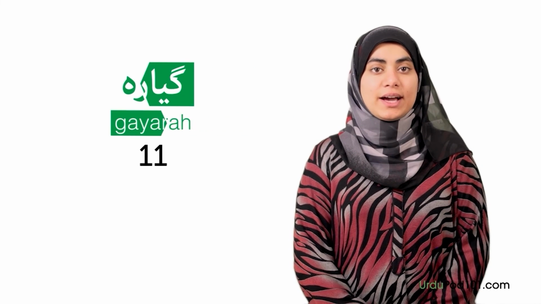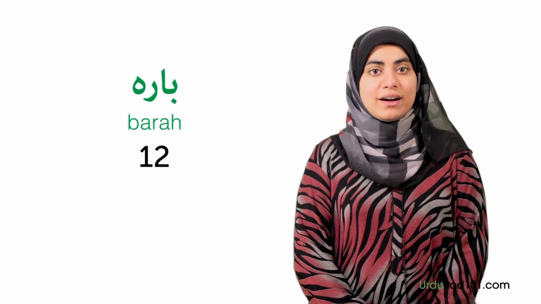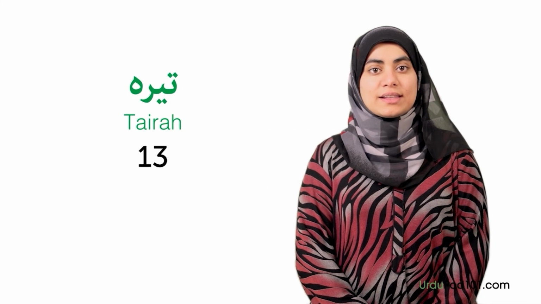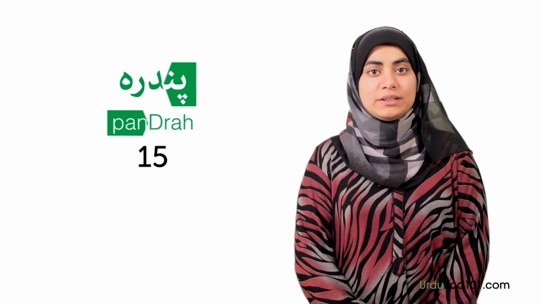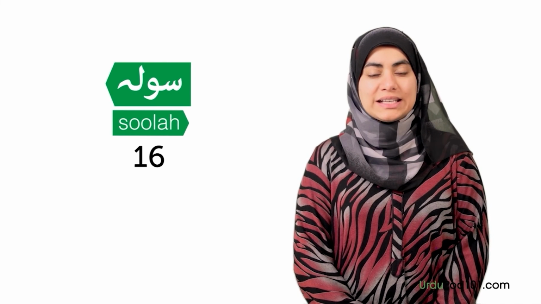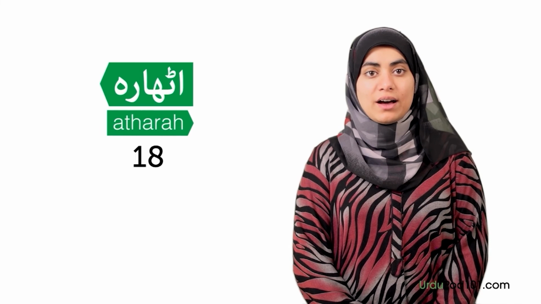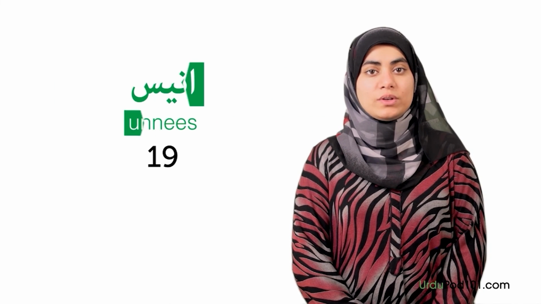11, 12, 13, 14, 15, 16, 17, 18, 19. Urdu numbers from 1 to 100 are quite irregular with no definite pattern.